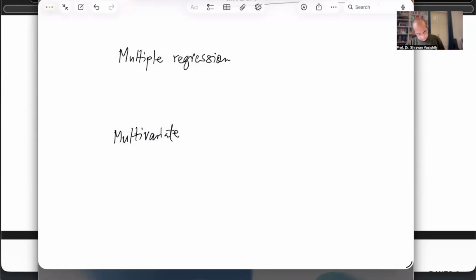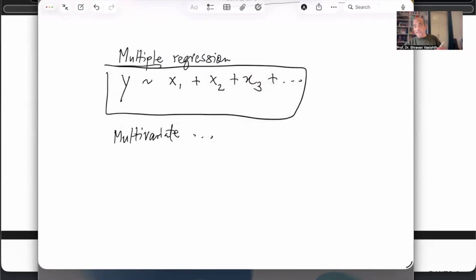Multiple regression really refers to there being one dependent variable that is modeled as a function of multiple predictors, right? That's what that multiple refers to. It would be technically wrong to say that this is a multivariate regression.